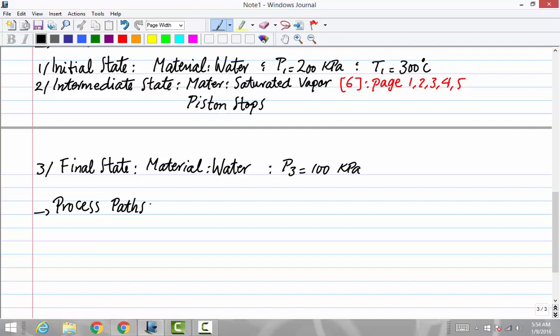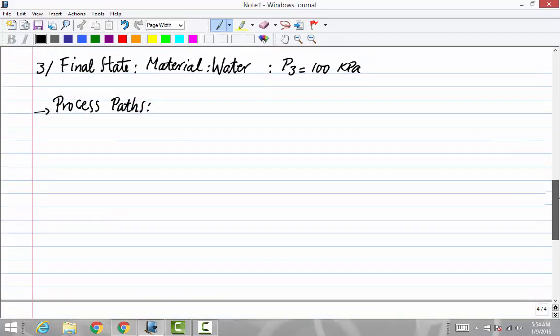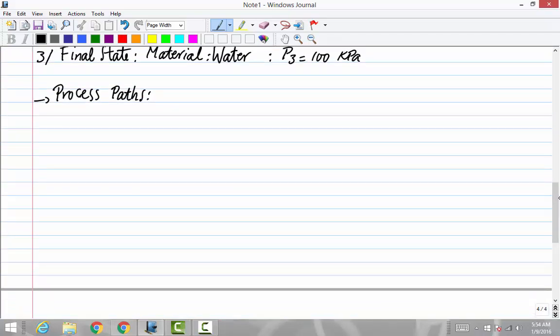process path. Well, so far I was focusing on those checkpoints and I didn't care about how do I get to that point from checkpoint number 1 to checkpoint number 2. What is happening? Is it like the pressure is constant, piston doesn't move, is adiabatic, like Q is 0, or there's no work on the system, or if the temperature is constant?